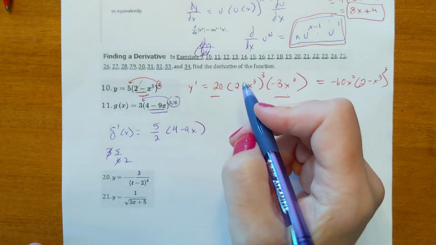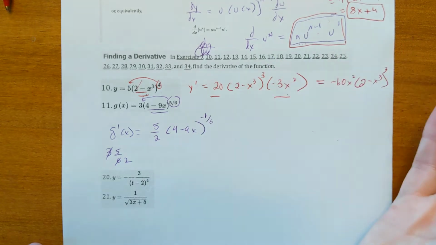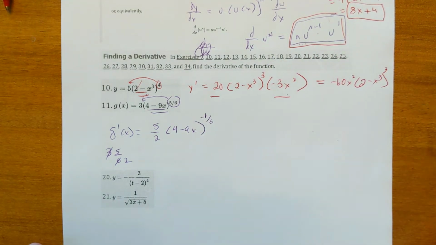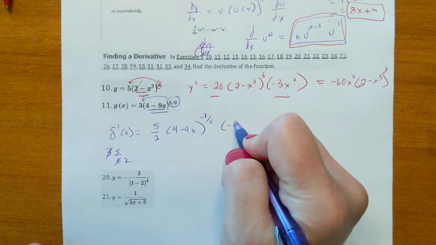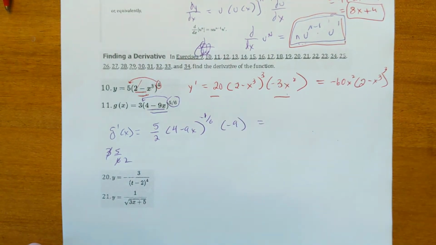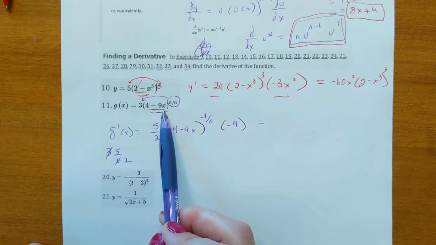Subtract 1 from that, and 5 over 6 minus 1 is negative 1 over 6. And then we have to take the derivative of the chunk inside. When you take the derivative of 4, it's 0, and the derivative of minus 9x is negative 9.